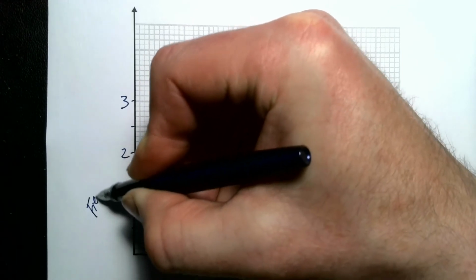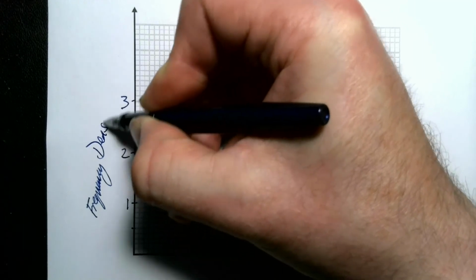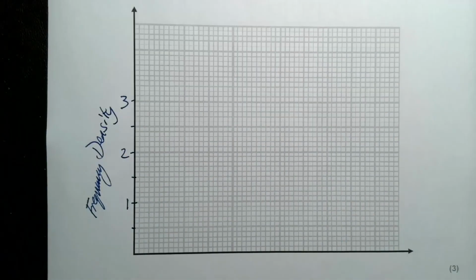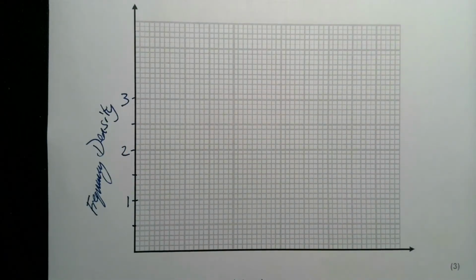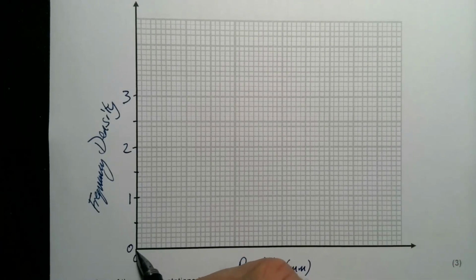What is important though, you lose a mark if you don't do it, is that you write frequency density up the side, and then what's on the bottom. It was about rainfall, and you need the units in there, so that was rainfall in millimeters. And then we need to have zeros marked on our axes. They do not like it if you don't put those in, you lose marks.